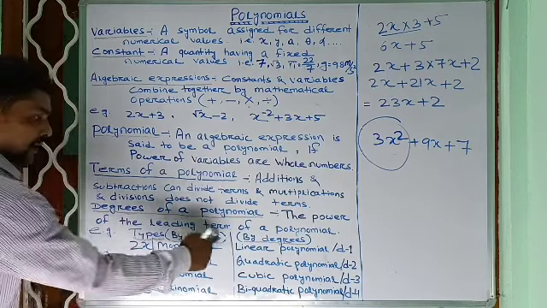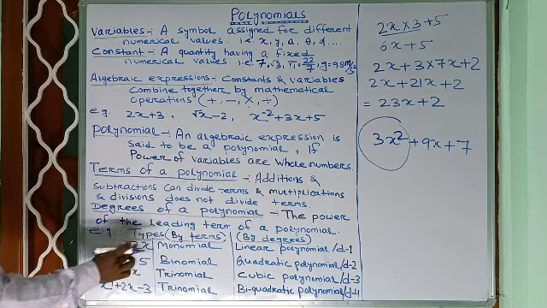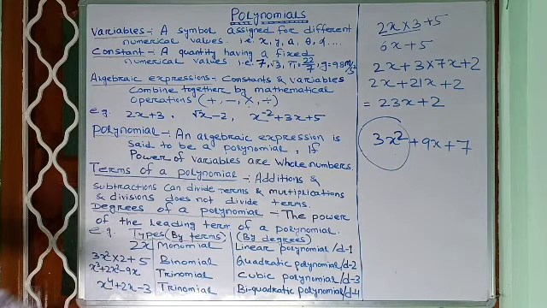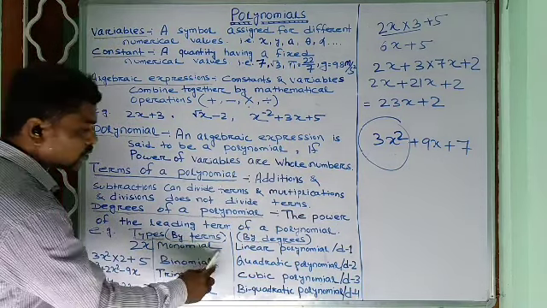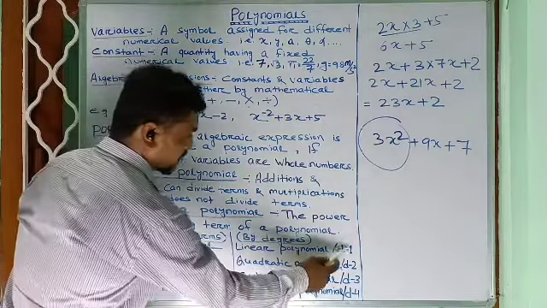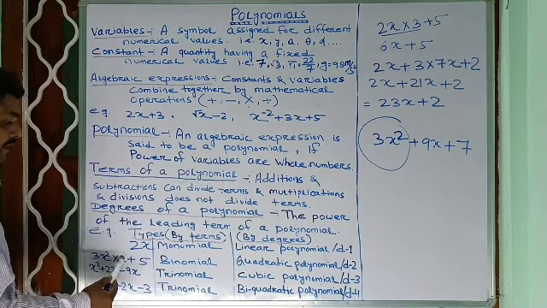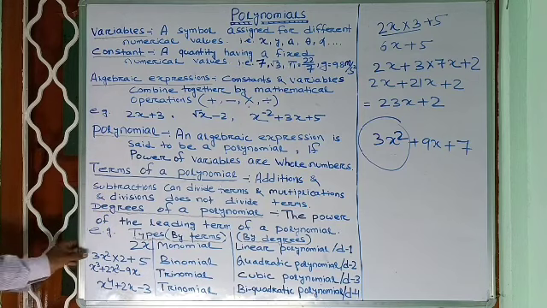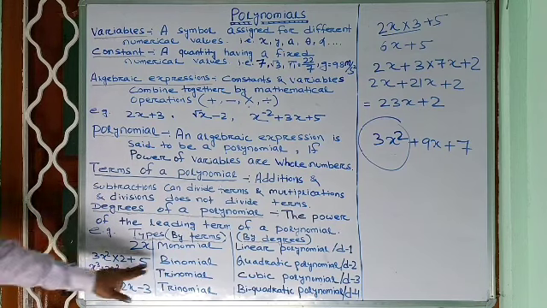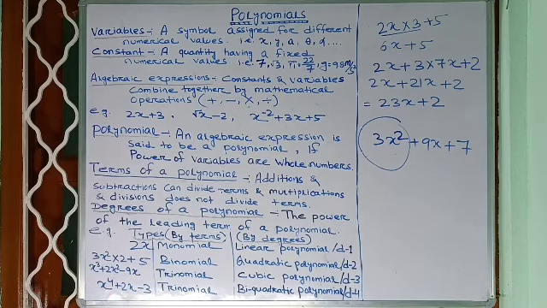So types by terms, types by degrees. If I write, for example, 2x, 2x is a monomial and it is a linear polynomial. It is degree 1, so it is a linear polynomial. If I take 3x square into 2 plus 5, it is looking like a trinomial, but it is a binomial because 3x square into 2 is 1 term.